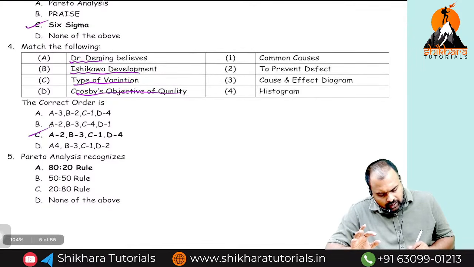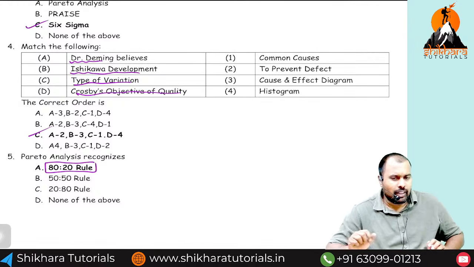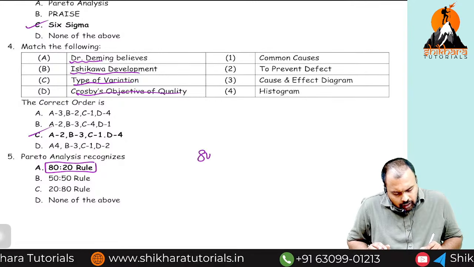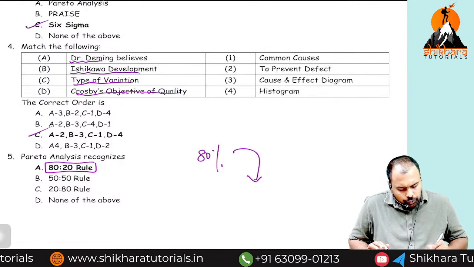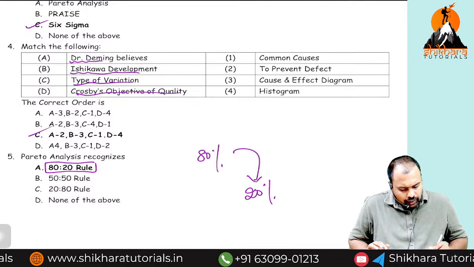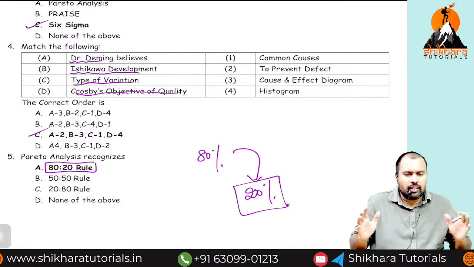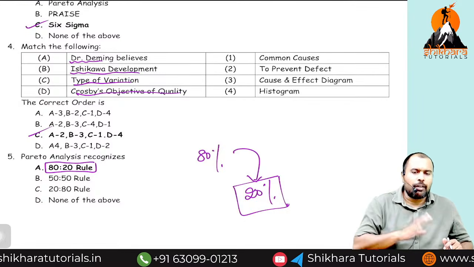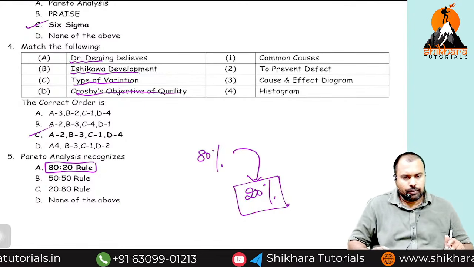Next, Pareto analysis recognizes the 80:20 rule. What Pareto analysis says is that 80% of the problems arise in an organization due to 20% of the factors. Out of all the factors, 80% of the problems will arise due to 20% of the factors. So that's the 80 is to 20 rule.